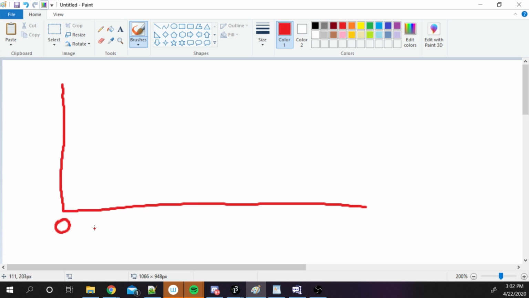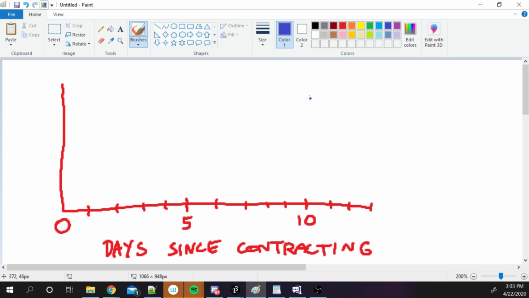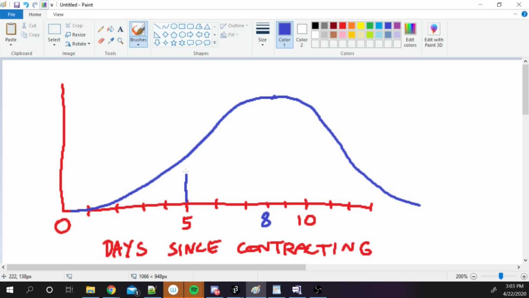So, if you contract the virus on day 0, so the x-axis is days since contracting, then the highest concentration of people will start showing symptoms on day 8, right here. But there will be a spread, and the spread will look something like this, where 1 standard deviation gets us to 5, 1 standard deviation in the other direction gets us to 11. So this distribution looks like this.